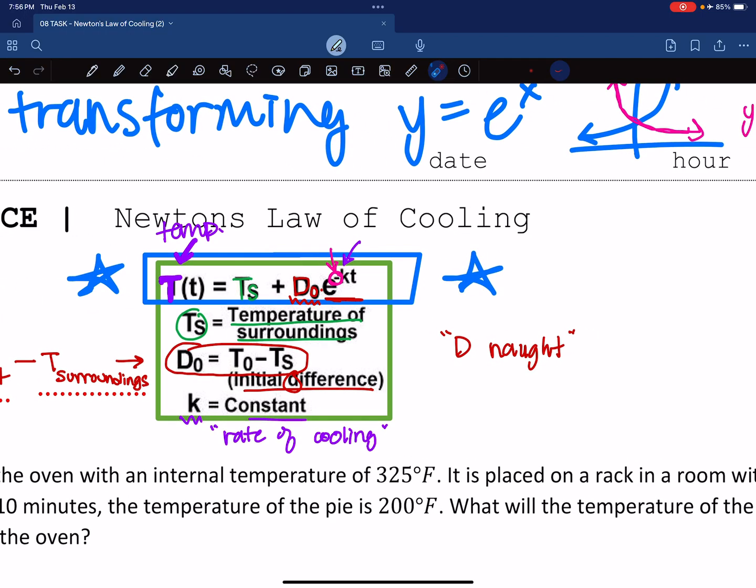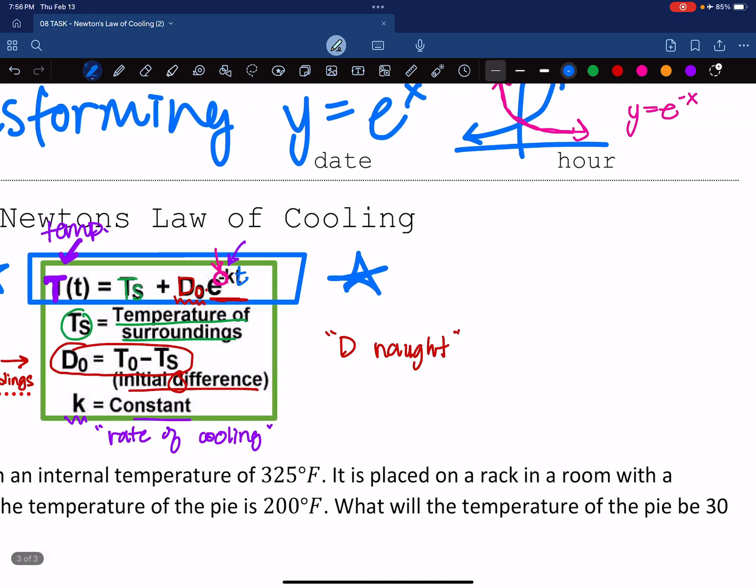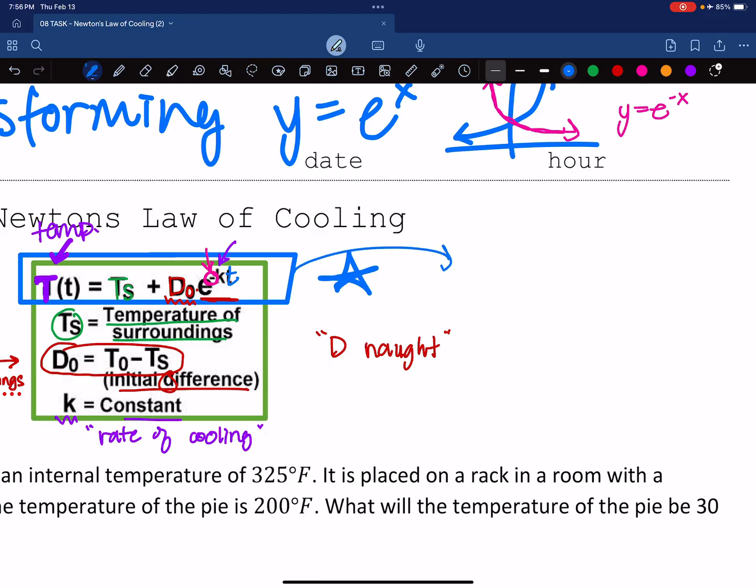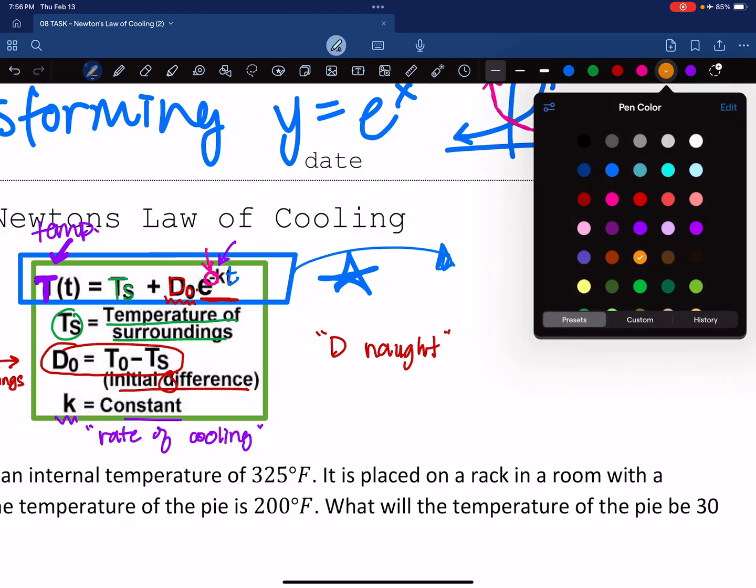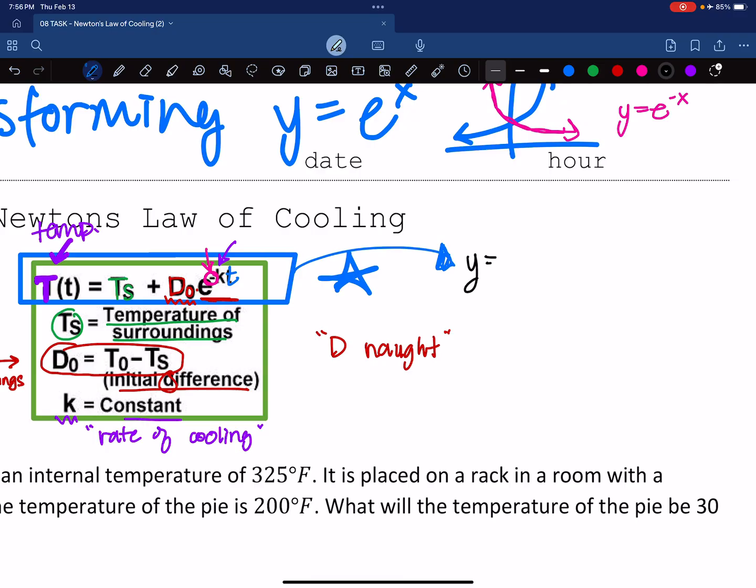So instead of having X and Y, we're going to have a capital T and a lowercase t. Over here, we could do this a little more generally and just say y equals temperature of surroundings plus difference in temperature. You could just leave it as D times e to the negative k x. So the x and the y are like an ordered pair.